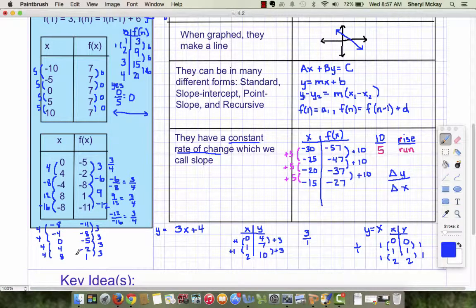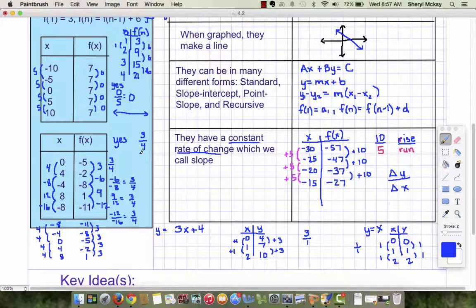So it's important not to just look at the differences and the intervals separately, but to actually put the difference over the interval for each one and make sure it's the same. And it is. So yes, this one is a linear function, and the constant rate of change is 3/4.